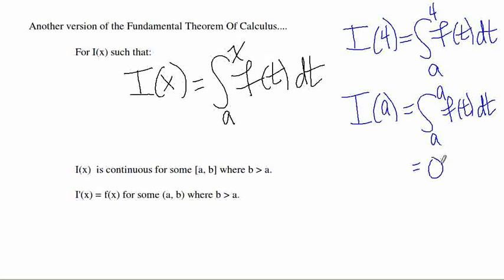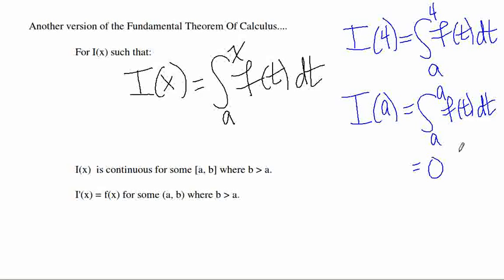We know that that's equal to 0 because definite integrals are equal to 0 when both limits of integration are equal, right? Okay, so if you've defined such a function, then the fundamental theorem of calculus says that for the two specified intervals, the function is continuous and differentiable, and furthermore, the derivative is equal to the function f.